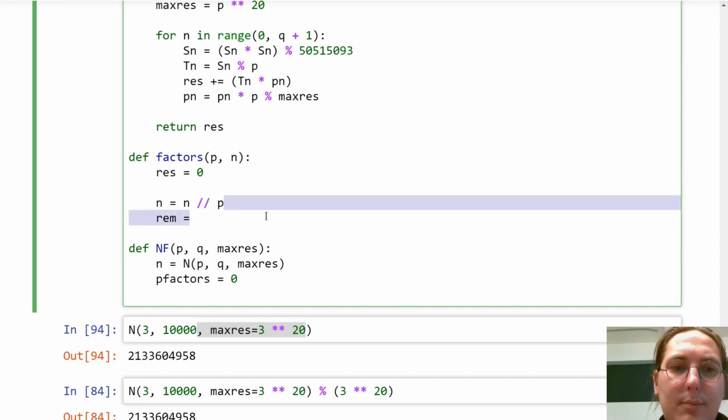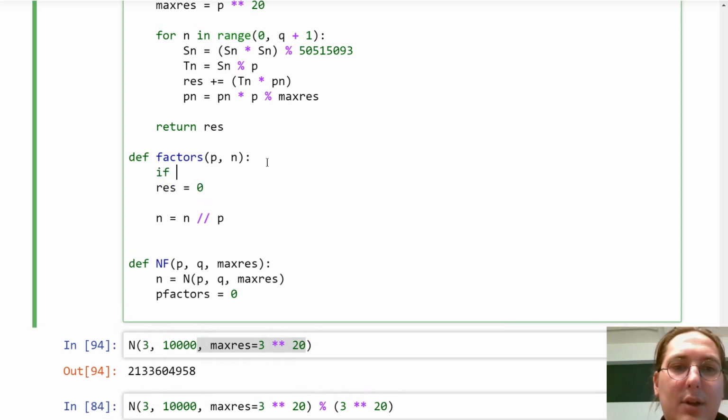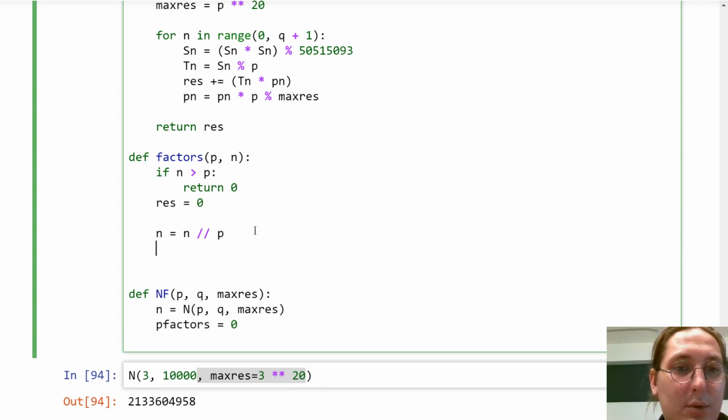While n is bigger than p. Well, let's have if n greater p return 0, because we're recursing, we're going to return res plus. I think the stop condition is the way around.